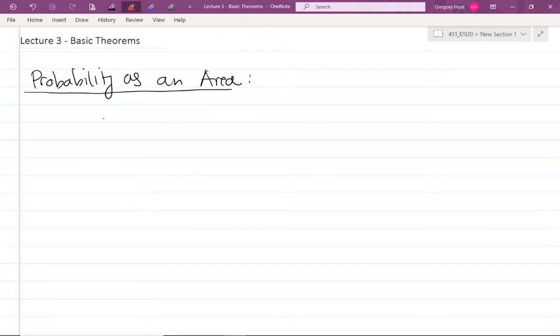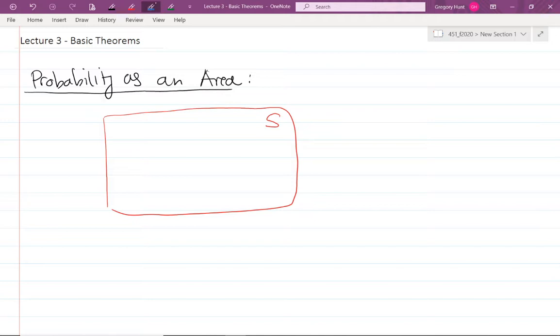So what I can do is think of my sample space, the set of all possible outcomes, as some area, and an event E, a subset of the sample space, is some sub-area of my box of the sample space.